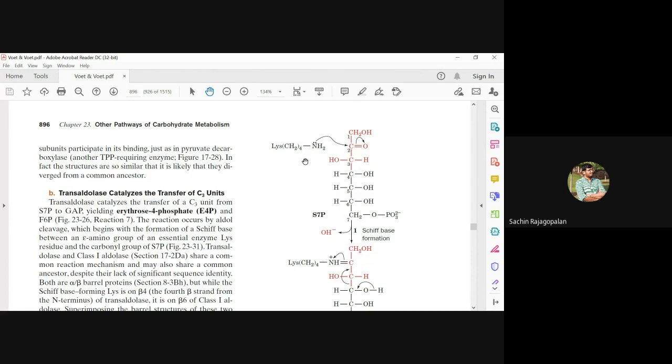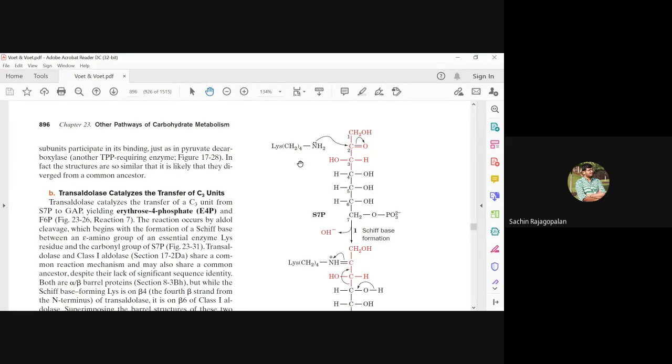So it shows you that the enzyme transaldolase is going to interact with pseudoheptulose 7-phosphate. Which part of transaldolase is interacting is also mentioned over here. It's the lysine group of transaldolase which is going to interact with pseudoheptulose 7-phosphate.